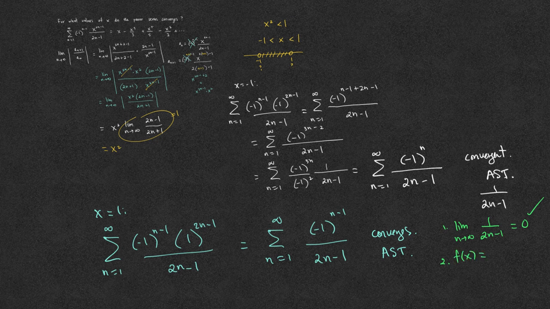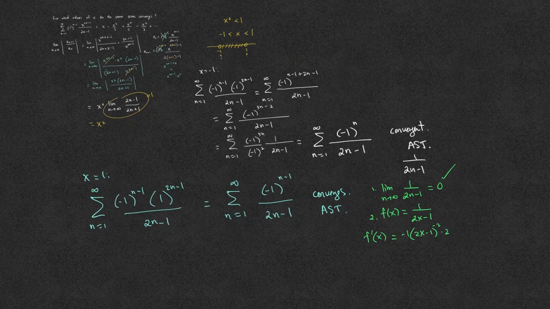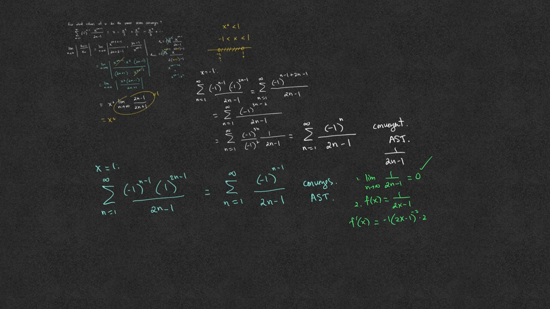We make f(x) equal 1 over 2x-1, and we see that the derivative f'(x) is -1 times (2x-1)^(-2) times 2, so this is -2 over (2x-1) squared in the denominator, which is always negative. Since the derivative is negative, the terms are decreasing because the function is decreasing.